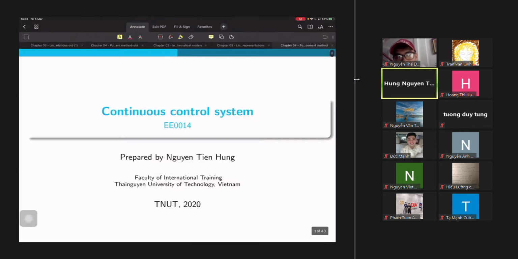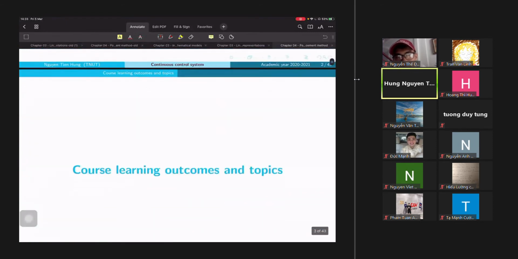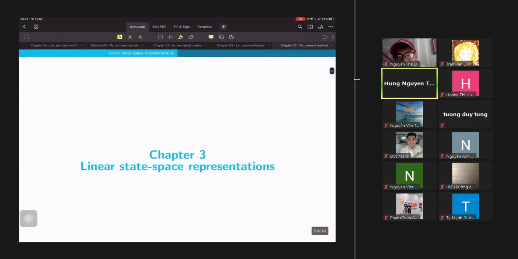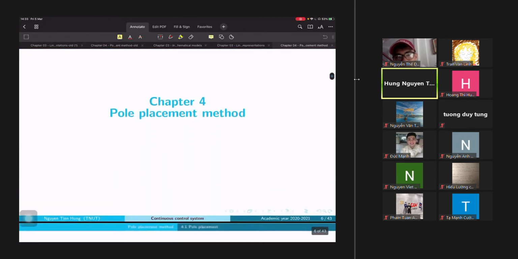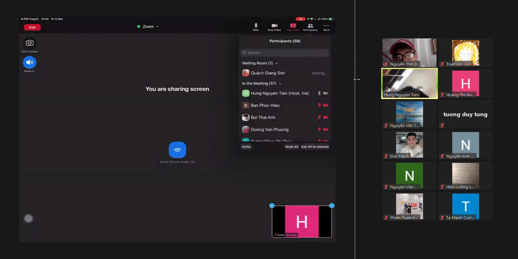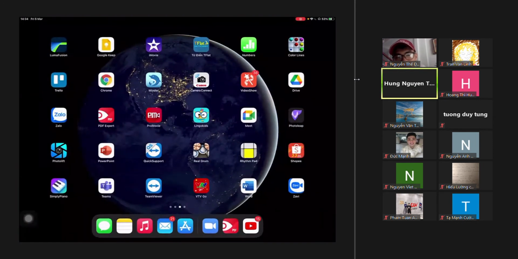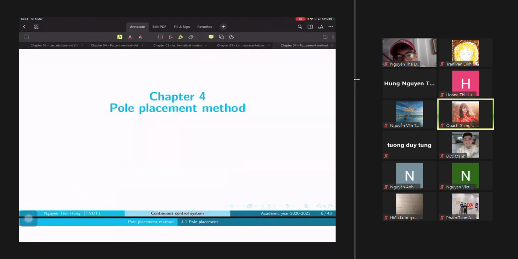We will apply all of this knowledge to the problem of design, where we would like to locate the poles at any point we want.